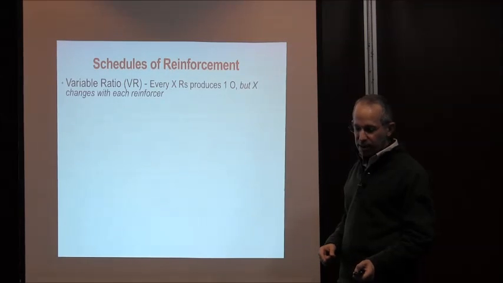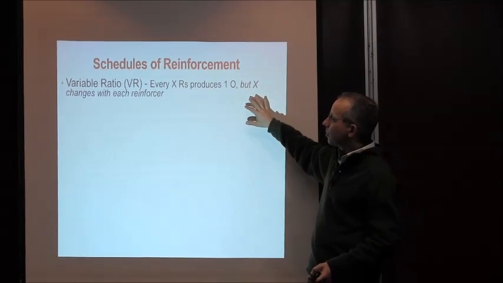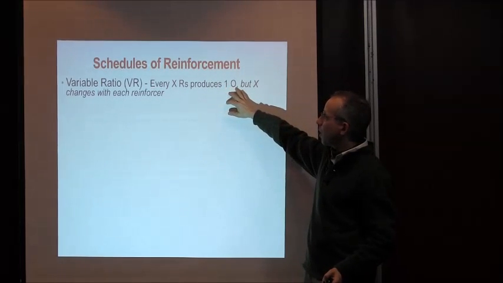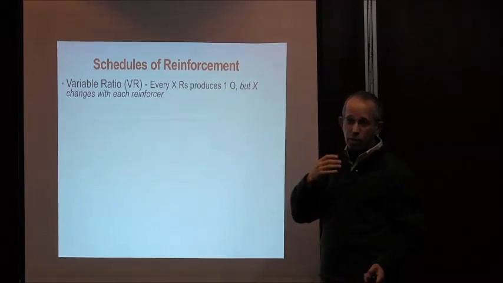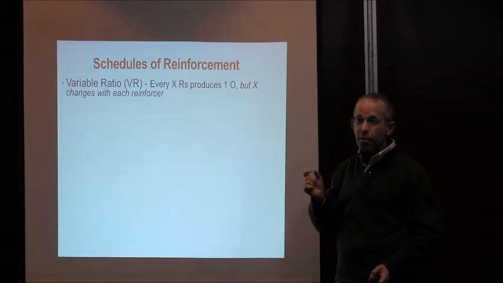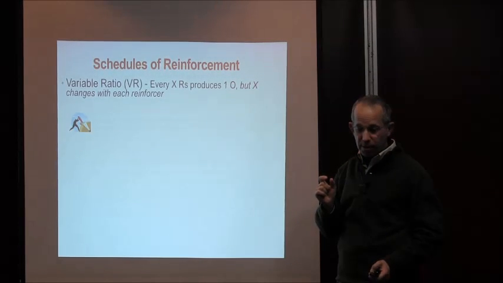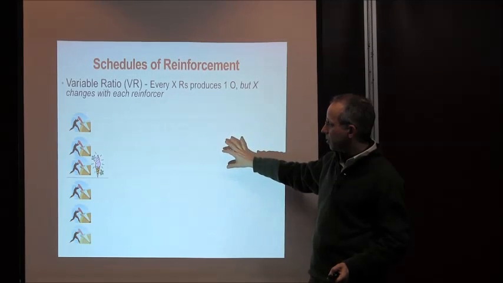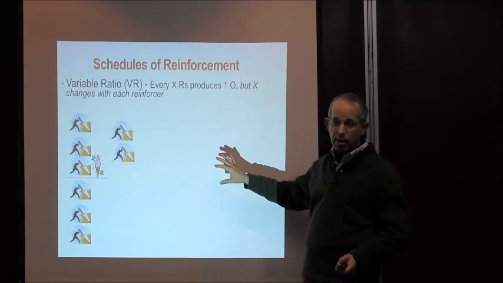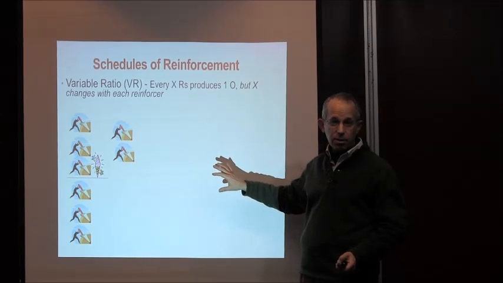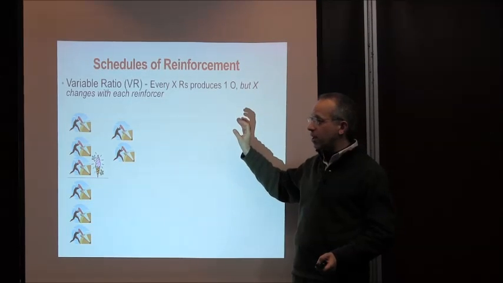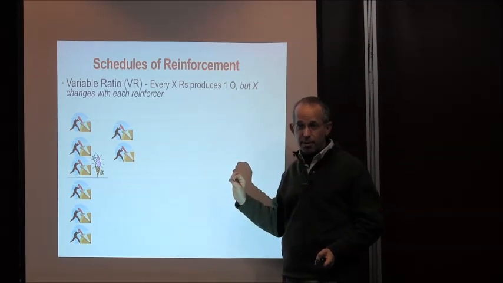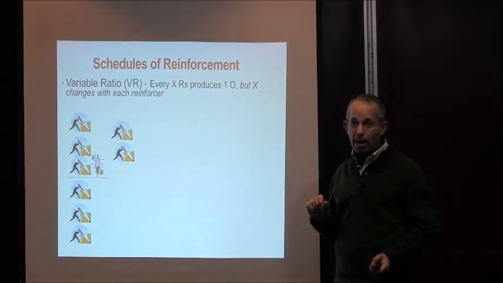I'm going to skip over some of the more details here. Variable ratio means every so many responses produce a reward, but it will change. So it says that there's a variable ratio that will change over time. There may be an average. In the ratio case, it's a certain percent of the times it'll happen, but you don't know on any given trial what will happen.